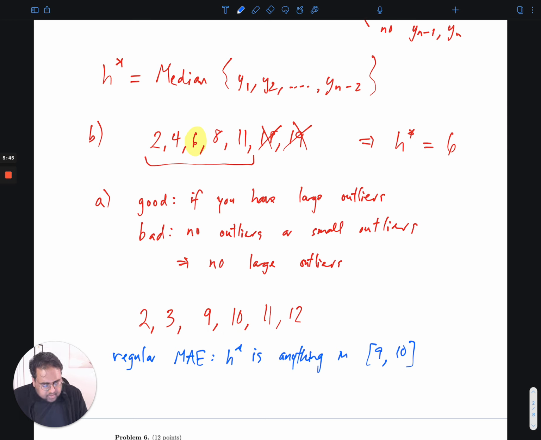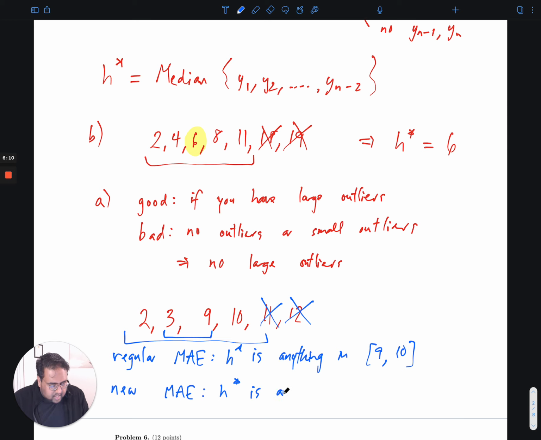But if we now use this new mean absolute error defined in the question, what is H star? We calculate it by getting rid of the largest two data points and minimizing mean absolute error on what's left. We still have an even number of data points, 4, so the best prediction is anything between the middle two values, which in this case are 3 and 9.